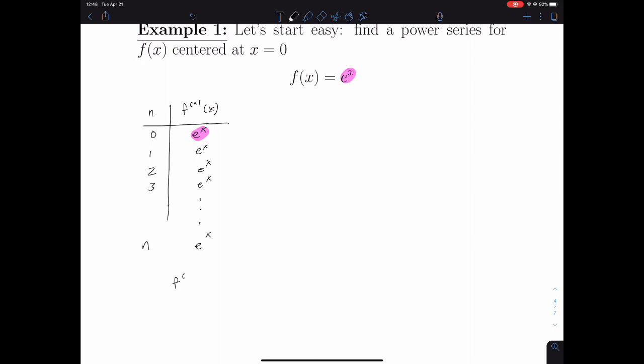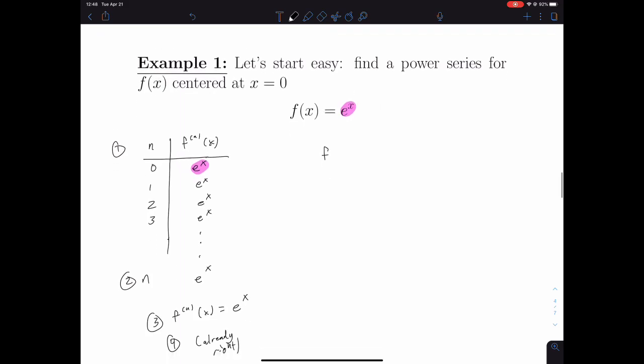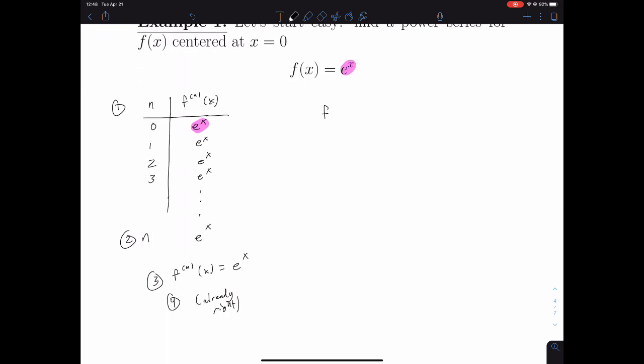So this means that the nth derivative is e to the x. So the nth derivative at a, okay, so this was step 1. This is step 2. Step 3 was my guess, and step 4, it was already right, because this one was really simple. So is f of x right?